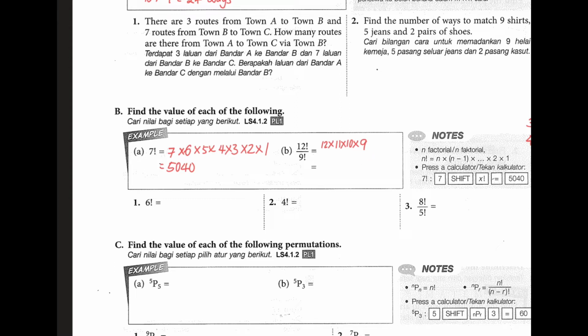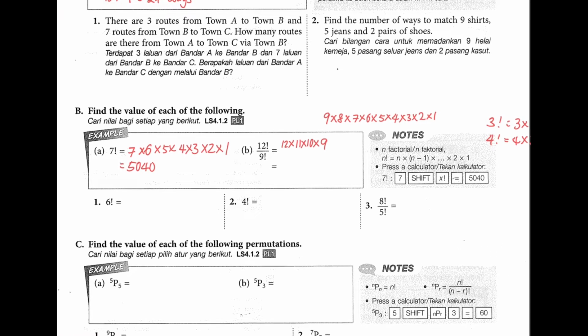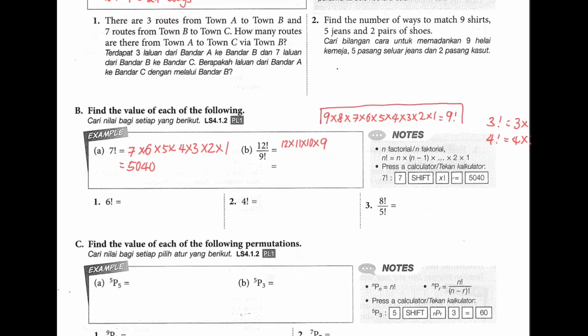I'm going to let the 9 8 7 6 5 4 3 2 1 be 9 factorial. I don't want to write so many things. The reason I put it as 9 factorial is because I can cancel with the 9 factorial at the bottom.